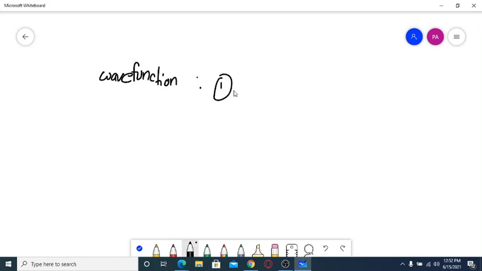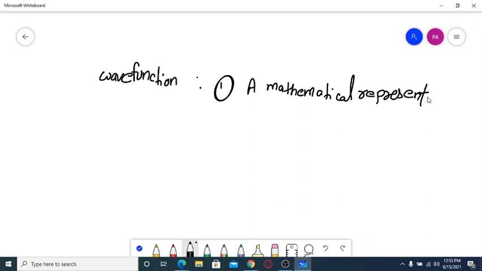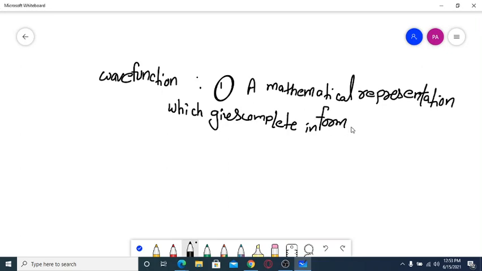The first important property is that the wave function is a mathematical representation which gives complete information of the system or the particle.